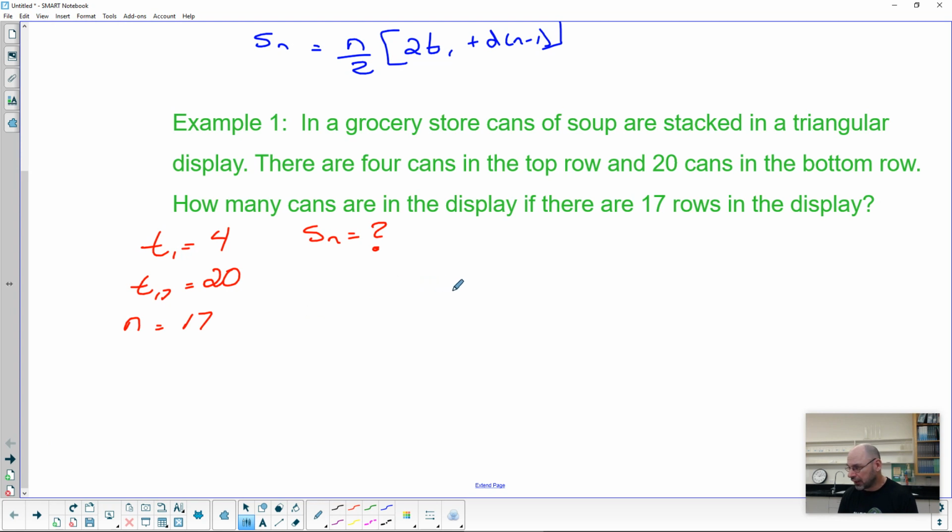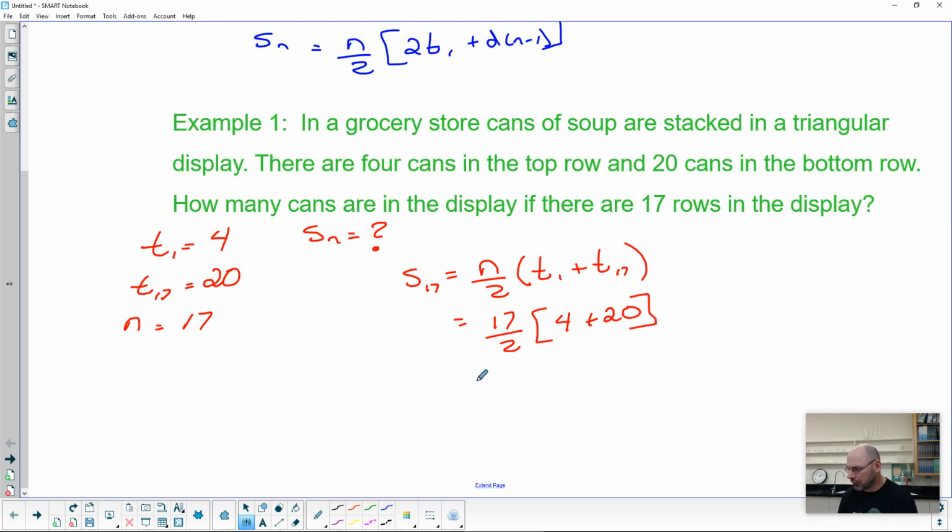So let's plug in our values. S17, the total sum in the 17 rows, is going to be, using this equation, we'll write it out first and then plug our numbers in. So we have 17 over 2 times 4 plus 20.